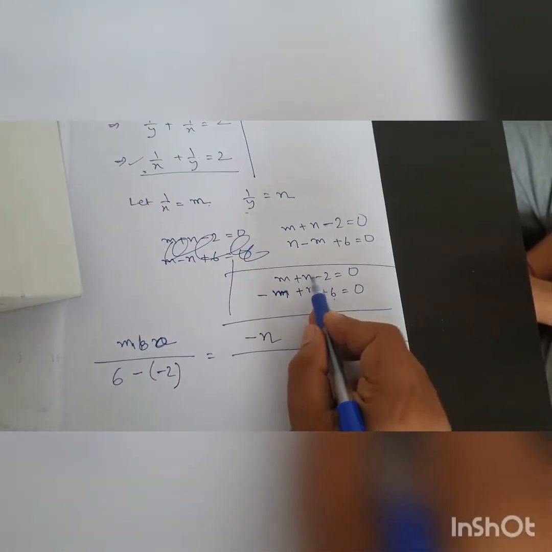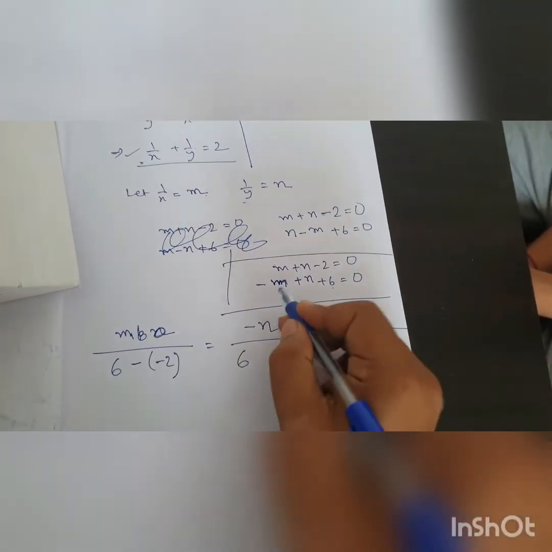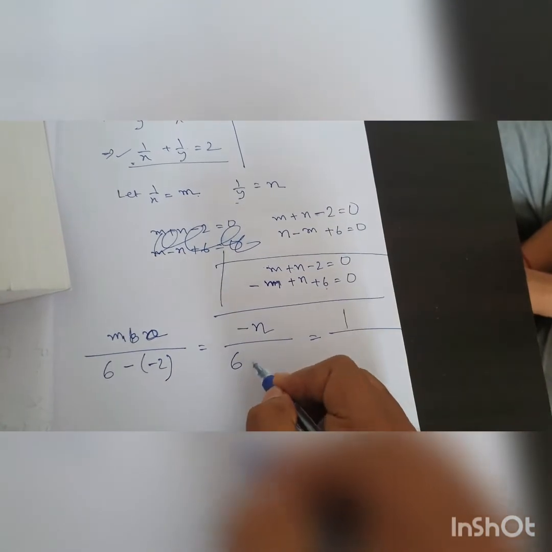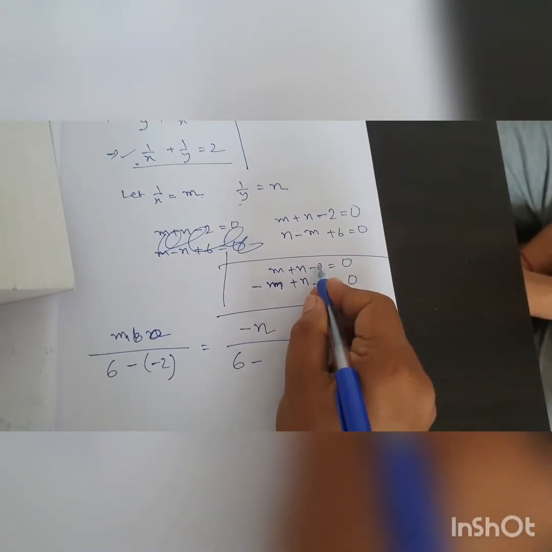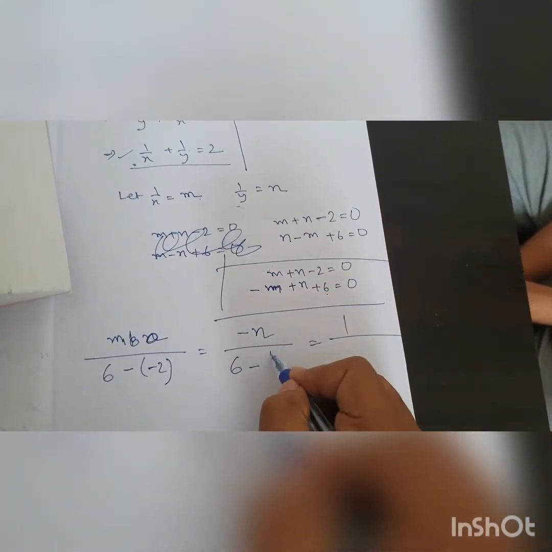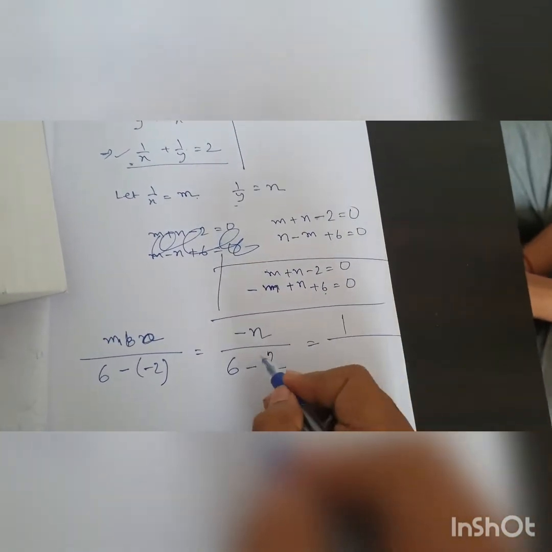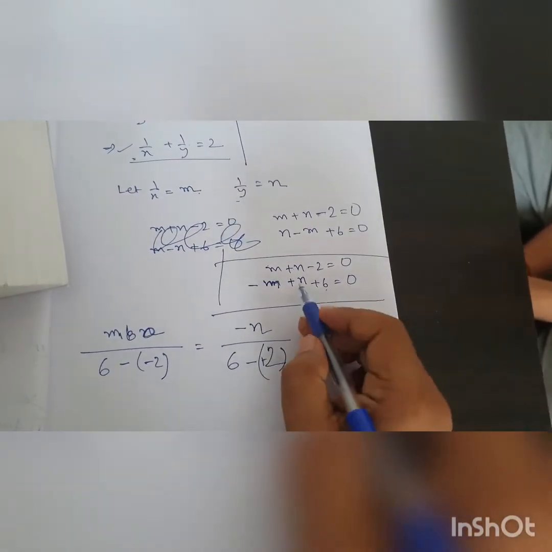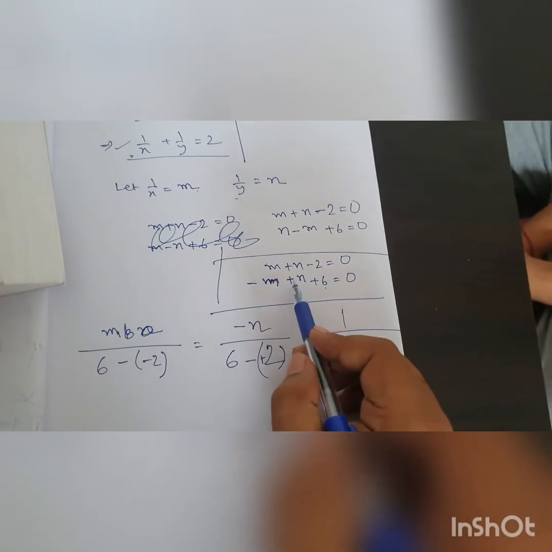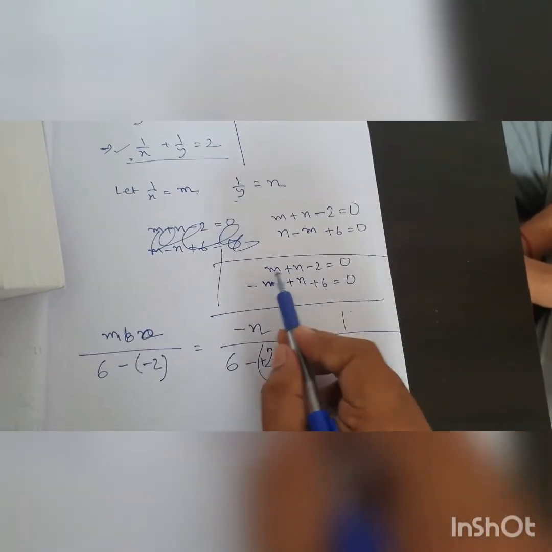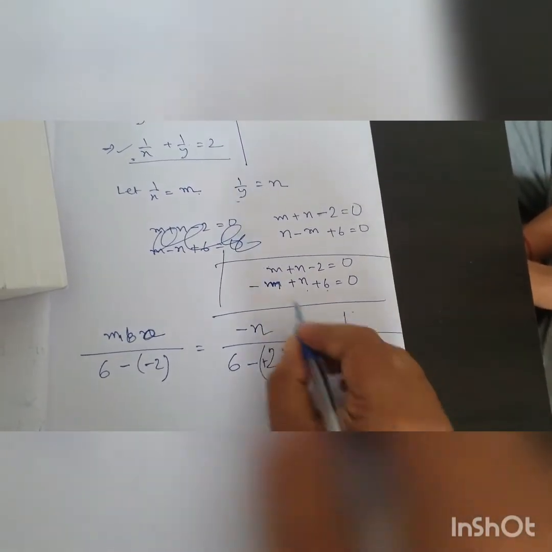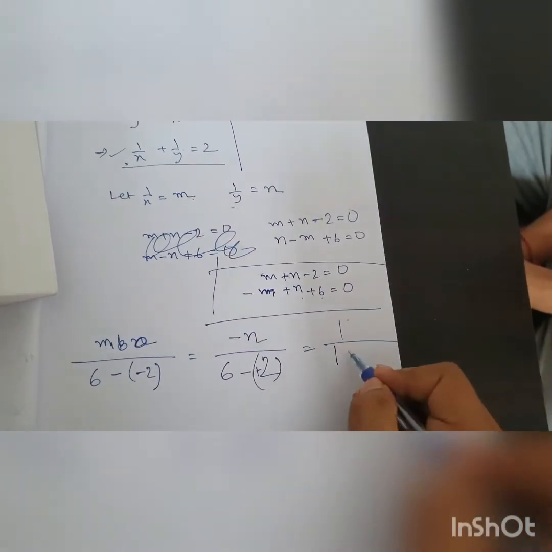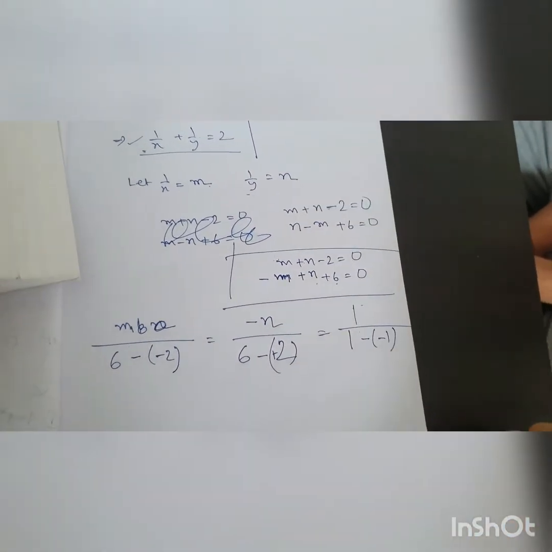Minus n by, so 1 into 6, 6 minus 1 into minus 2 is plus 2, so 2, right? Or plus 2 in this way. And if you cover the last column, it means 1 into 1, 1 minus 1 into minus 1, minus 1, so minus 1. So that is the thing.